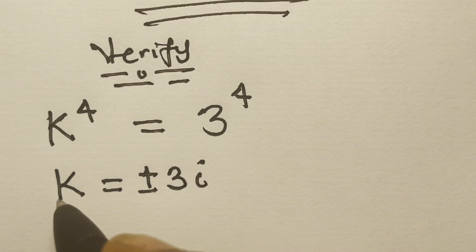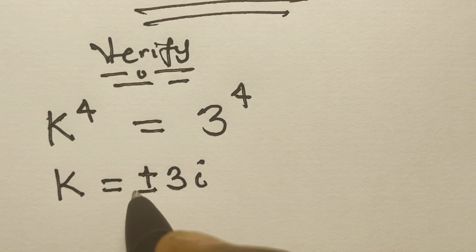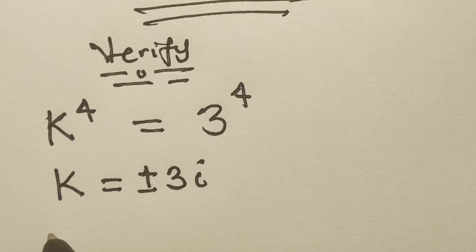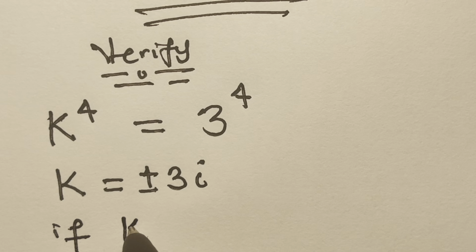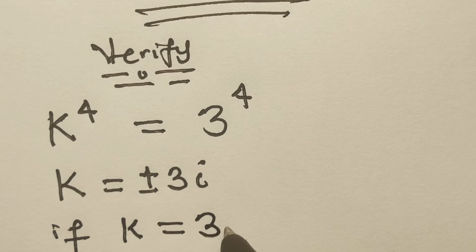We have k raised to power 4 equals 3 raised to power 4, right? And our k equals plus or minus 3i. Like I said, we want to verify with complex number. If you substitute 3i for k into this, we know we have two roots here, but let's first go with k equals 3i.